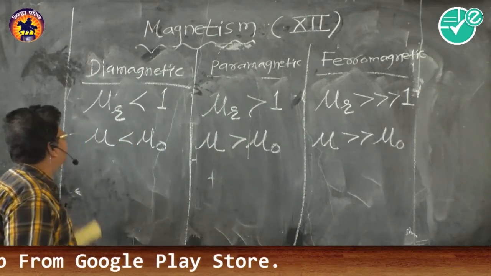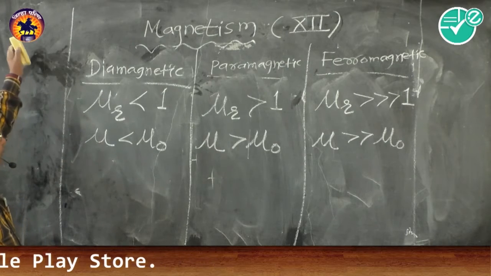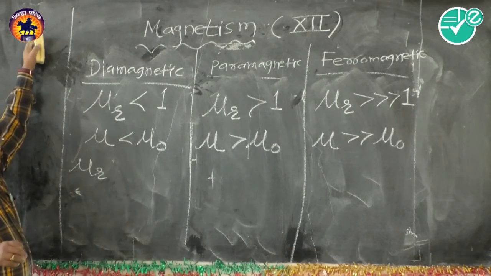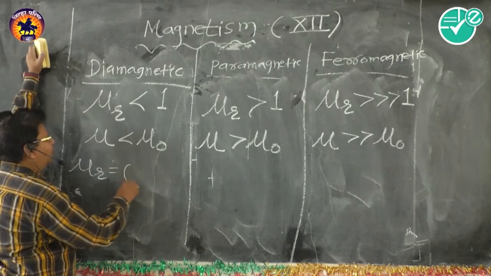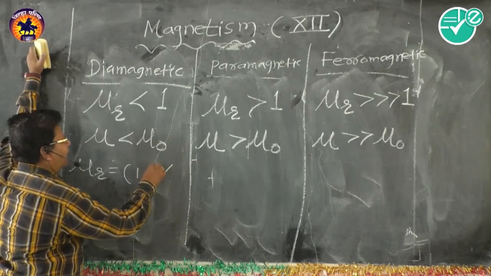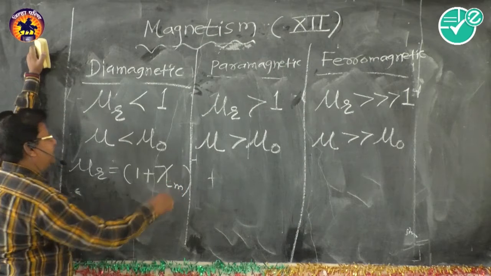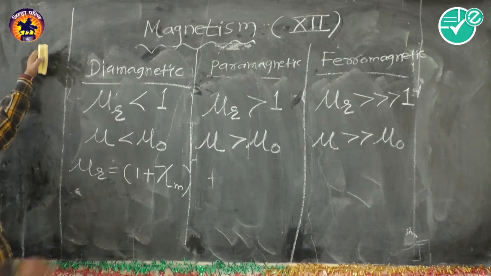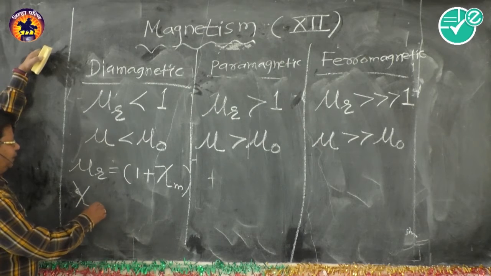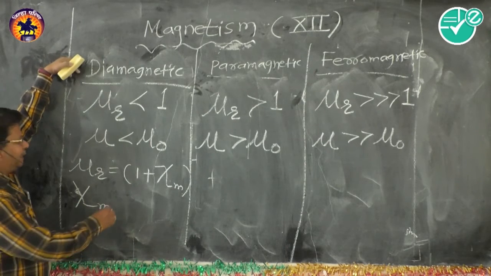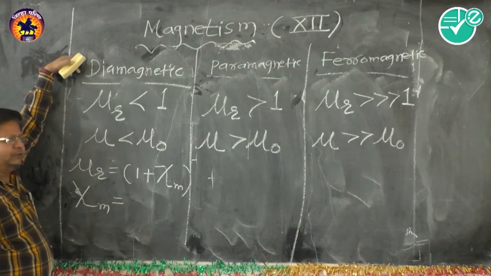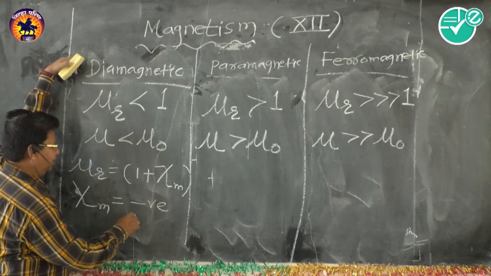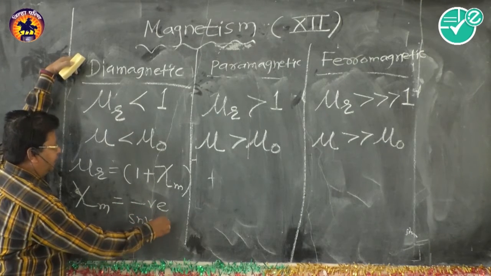And from these observations, as we know that the relative permeability mu r is equal to 1 plus chi m, that means magnetic susceptibility, therefore the magnetic susceptibility for diamagnetic substance is small and negative.